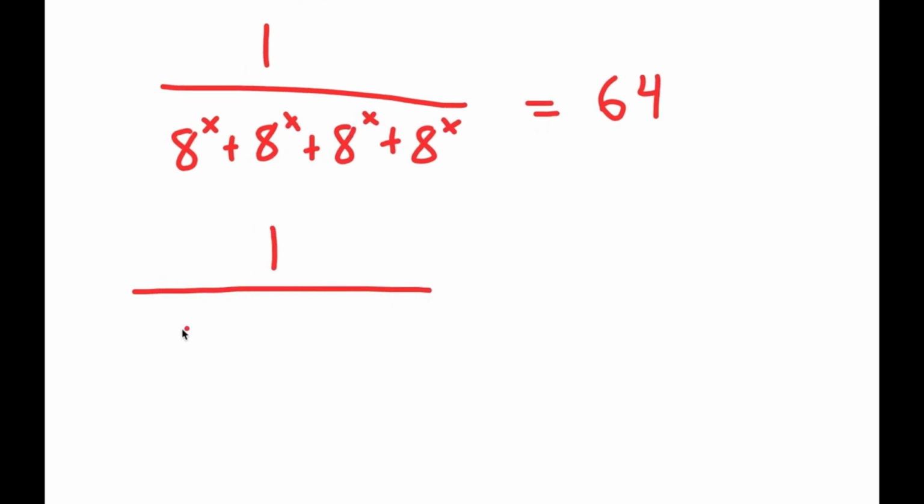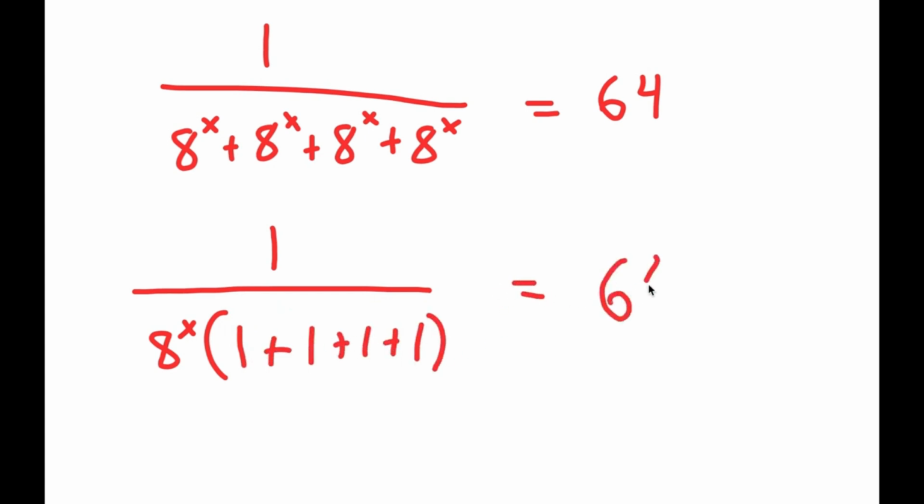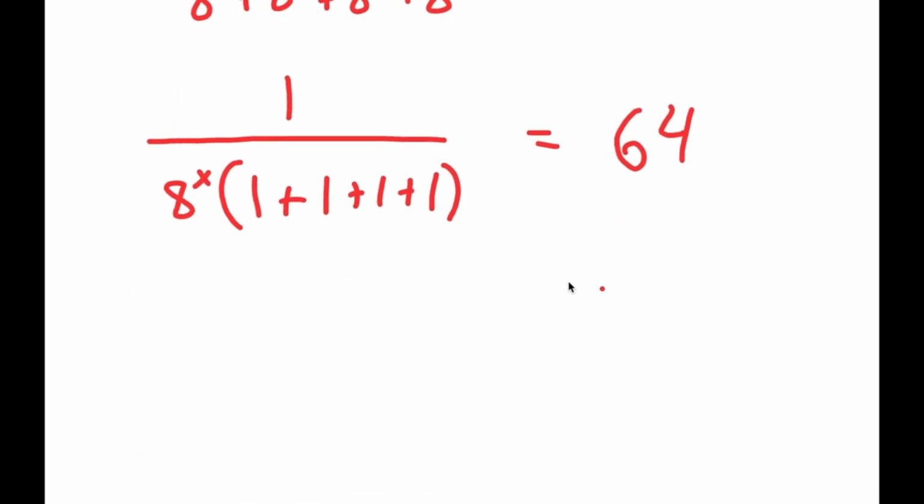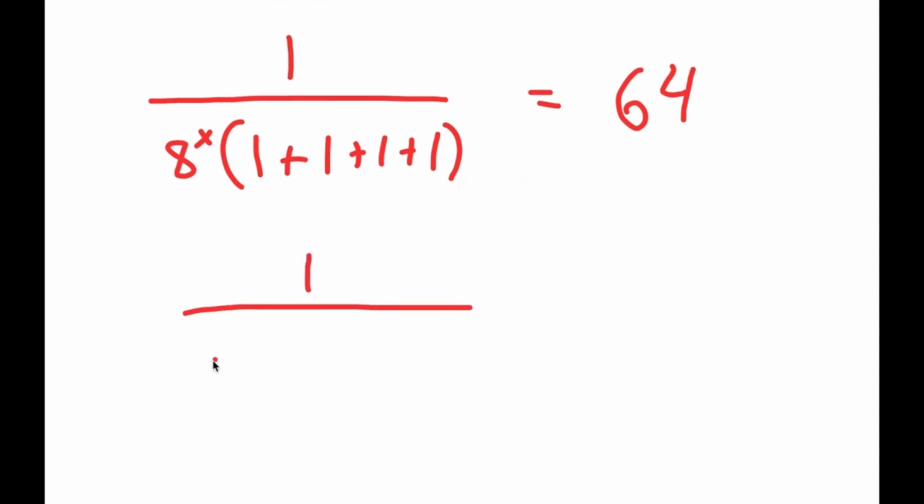So I get 1 over a to the power of x times, well, a to the power of x divided by a to the power of x is 1, so I get 1 plus 1 plus 1 plus 1, which is equal to 64. And now 1 plus 1 plus 1 plus 1 is 4, so I get 1 over a to the power of x times 4 is equal to 64.